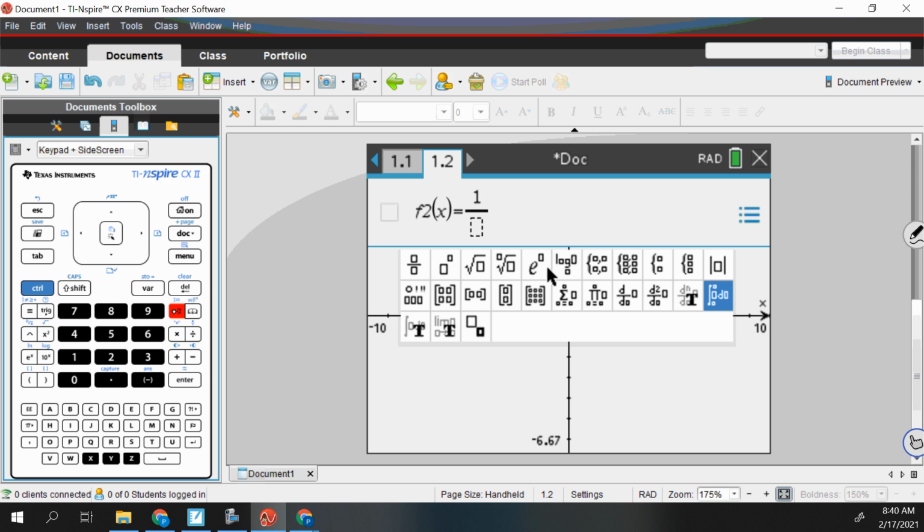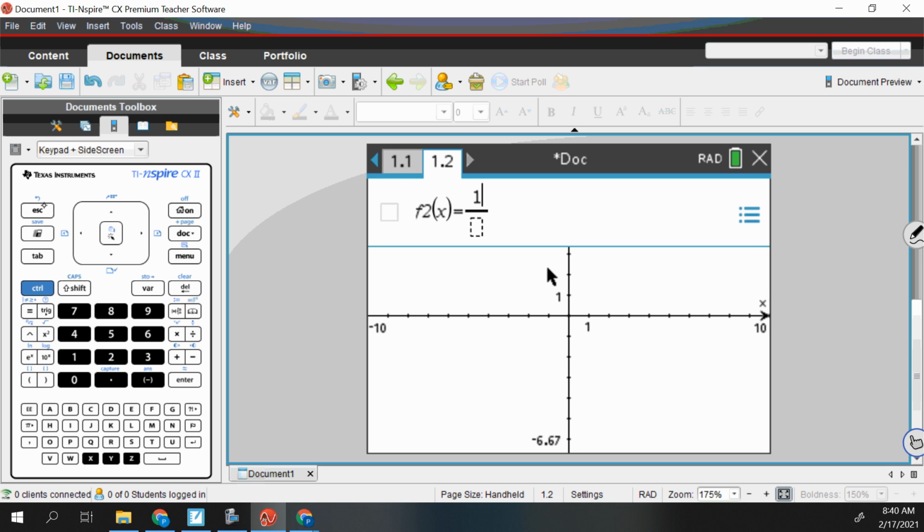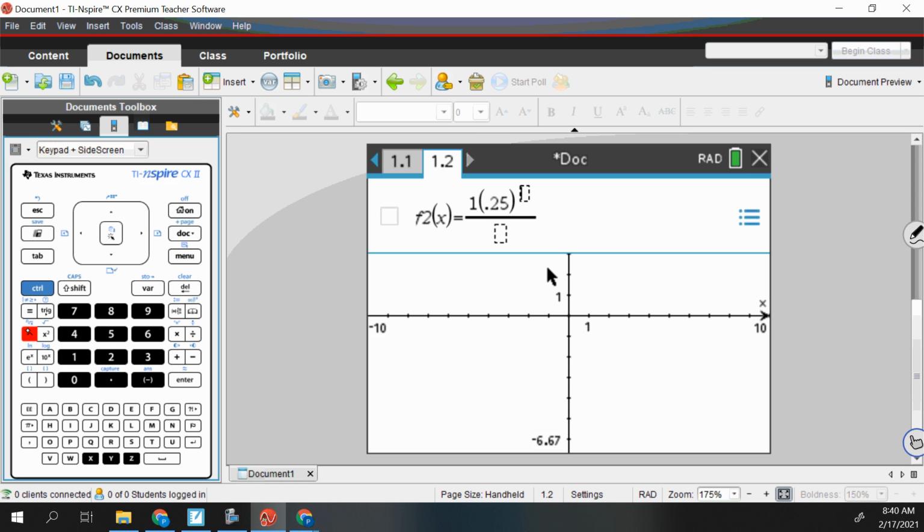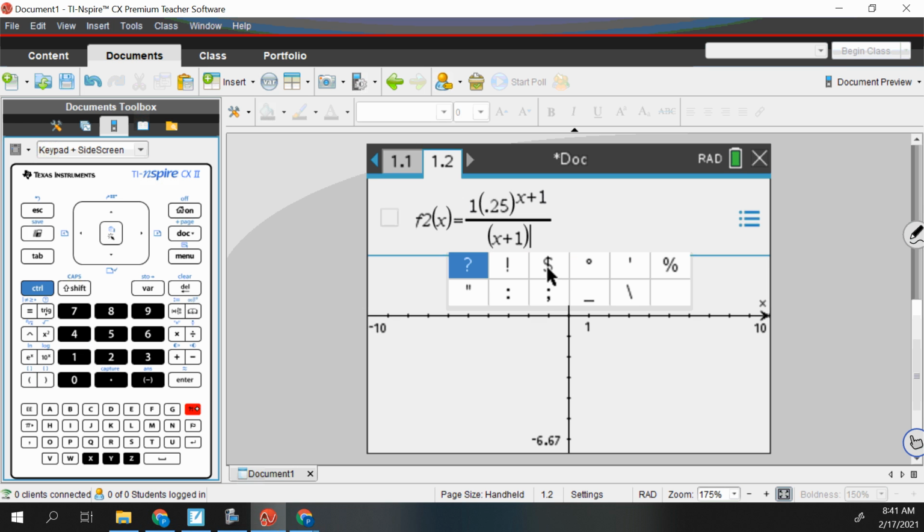We'll have our absolute value. Now, in reality, because we know 1/4 minus 0 is a positive, you don't have to do the absolute value. So I have 0.25 raised to the x plus 1. Now down in the bottom, make sure you put the x plus 1 in parentheses and then your factorial.